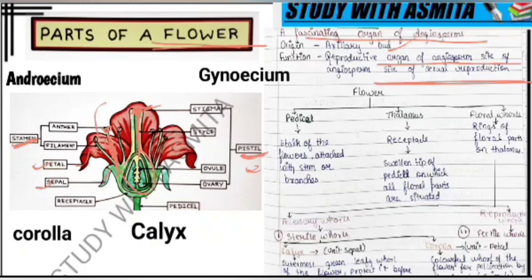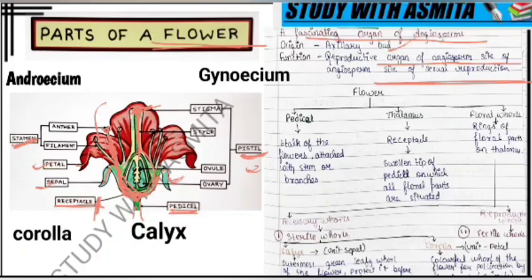The sepal is a green leaf-like structure which provides protection to the bud in its initial stage. The receptacle or thalamus is basically a swollen part of a flower. The pedicel is the part where the bud is joined to the stem or a branch.